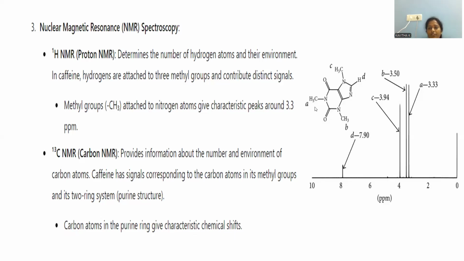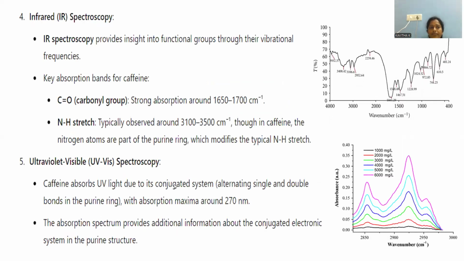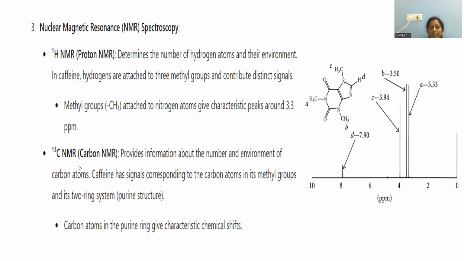Chemical shift values of individual carbons are distinctive, so we can easily analyze the skeletal structure of caffeine. Using proton NMR and C13 NMR, we observed what kind of methyl groups are present, what kind of hydrogens are located, and what is the nature of the carbon. So this is about nuclear magnetic resonance.